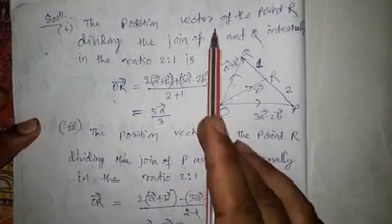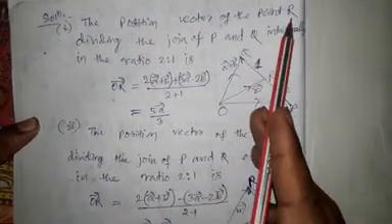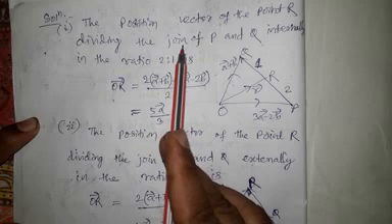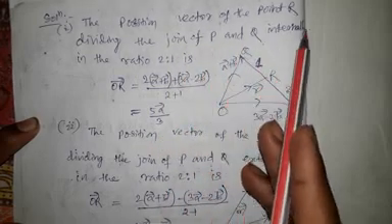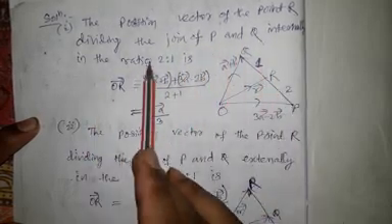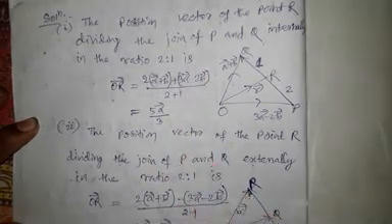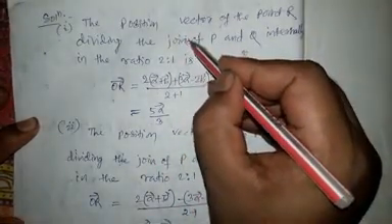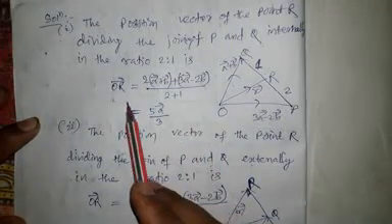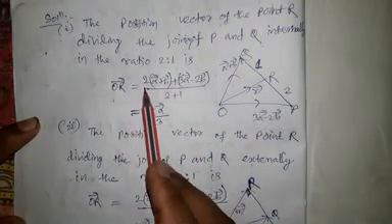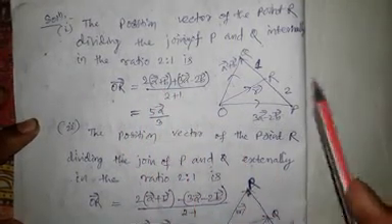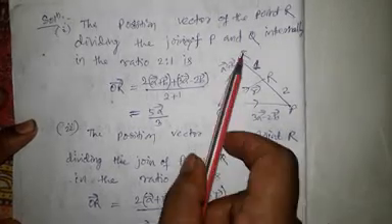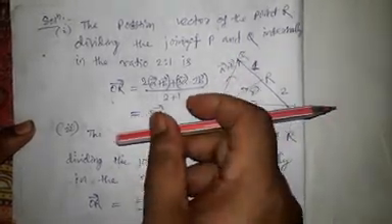The position vector of the point R dividing the join of P and Q internally in the ratio 2:1 is OR.